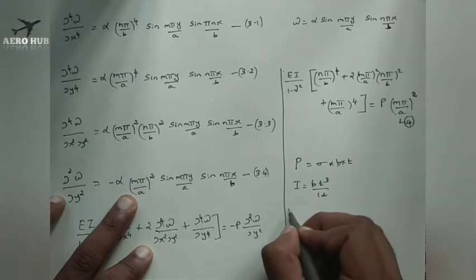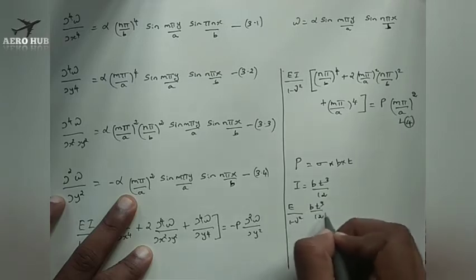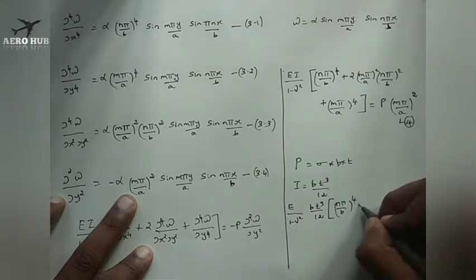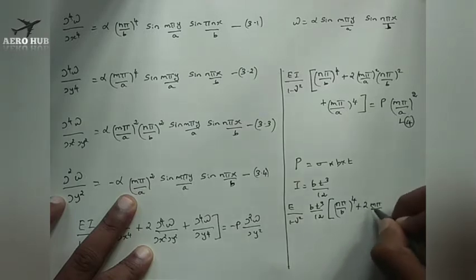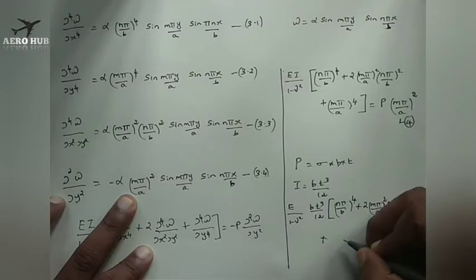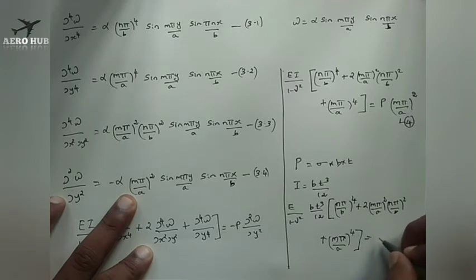So I will substitute E/(1 − μ²) times b t³/12 into [(nπ/b)⁴ + 2 (mπ/a)² (nπ/b)² + (mπ/a)⁴] equal to p, which is σ b t (mπ/a)².